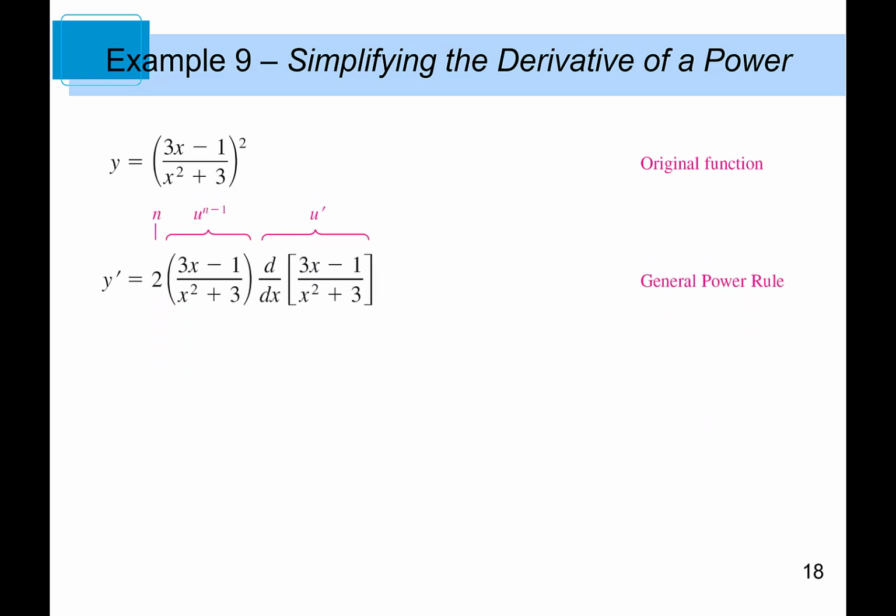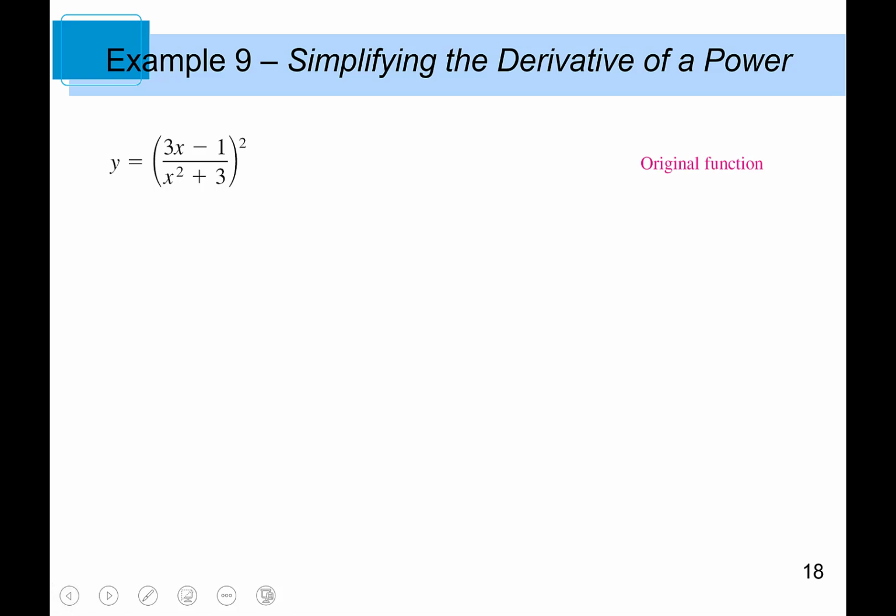And let's take a look at this one. So this one we're gonna use the general power rule, right? So we assume whatever is underneath the parentheses, u equals 3x minus 1 over x squared plus 3. And then what is u prime? For u prime, we gotta use the quotient rule.